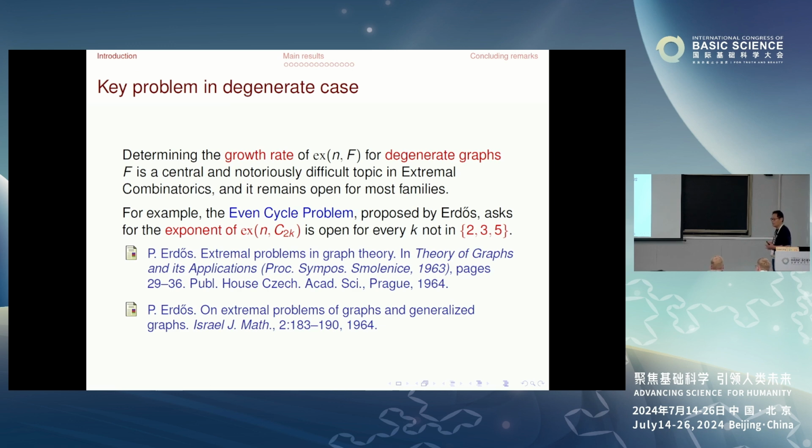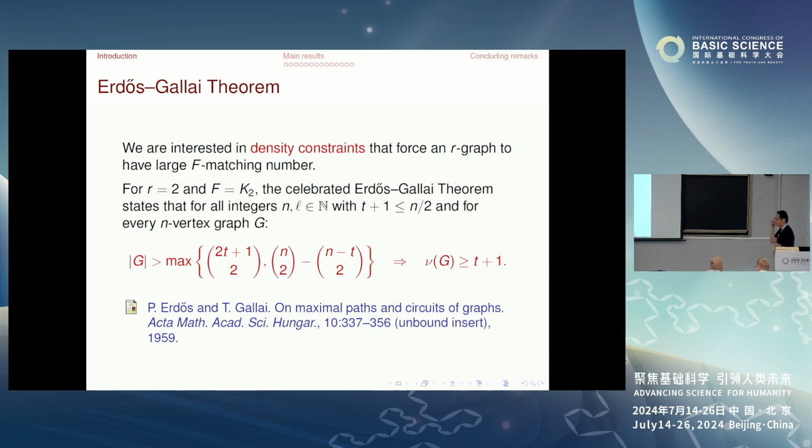This means that they only know exactly the exponent of the Turán number for C4, C6, and C10. For other cases, we don't even know the exponent. Okay. In this case, we are interested in the density constraints that force the r-graph to have a large F-matching number.